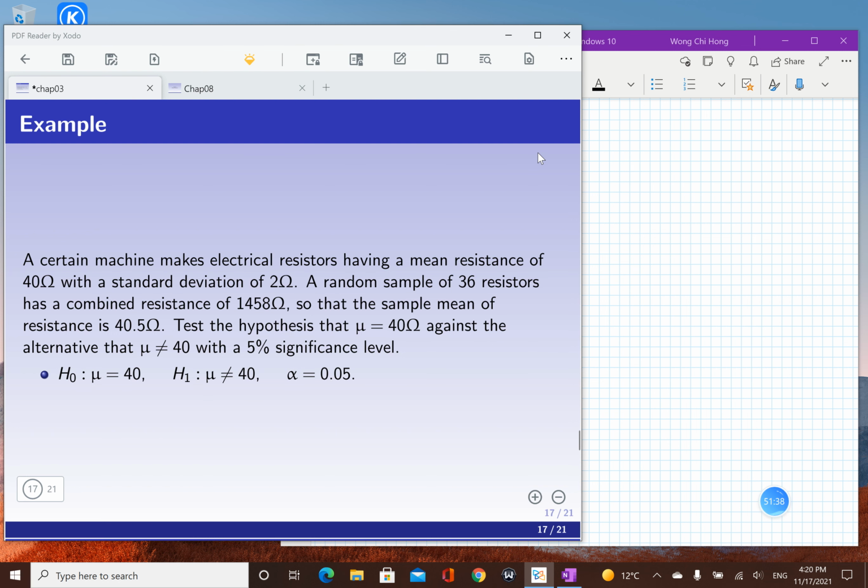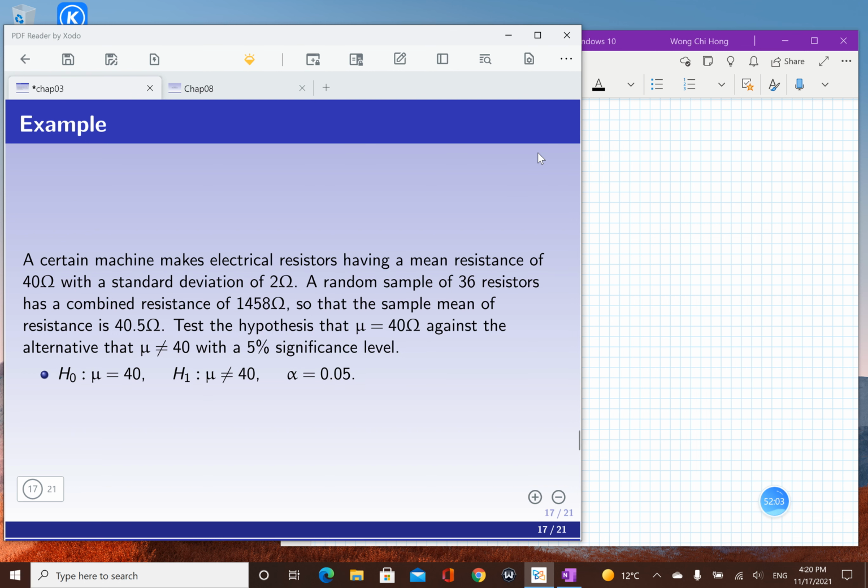Like if these things have to go through human hands, and you know that there are more skillful workers or less skillful workers, maybe there's a difference, etc. So we want to collect these things randomly. So you just open a number of boxes, and then you just collect the resistors, all 36 of them. Okay, suppose that you have the resistors.